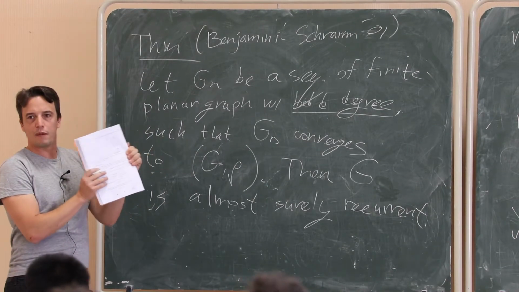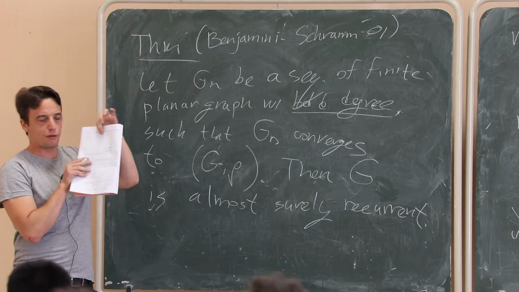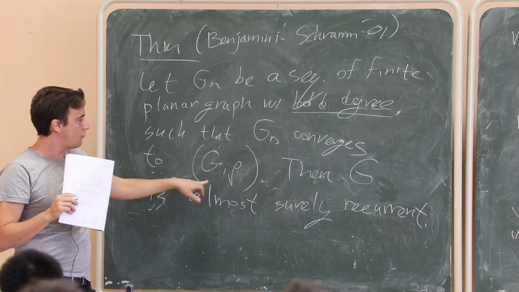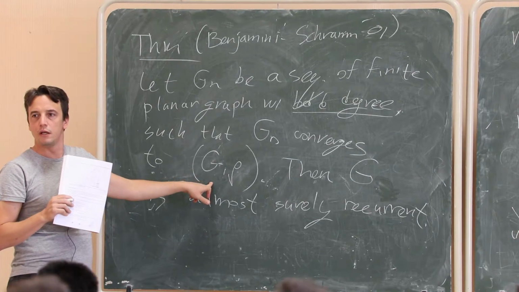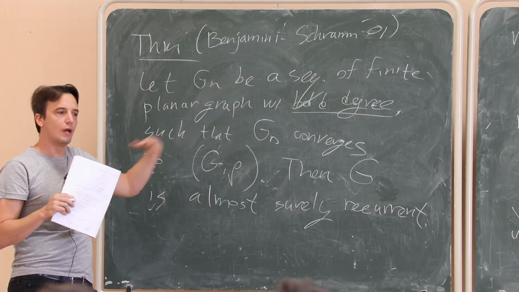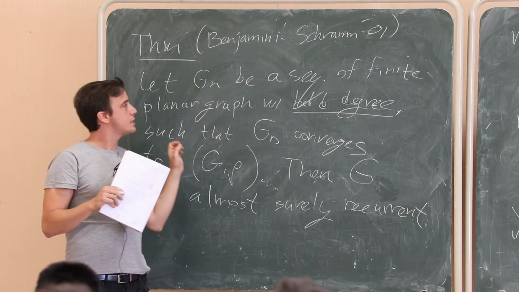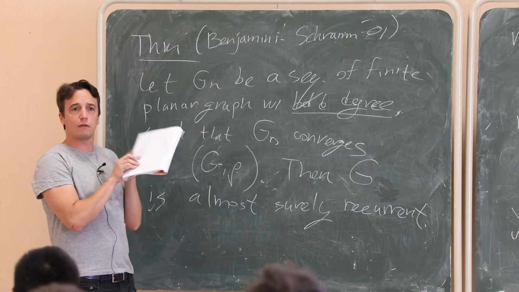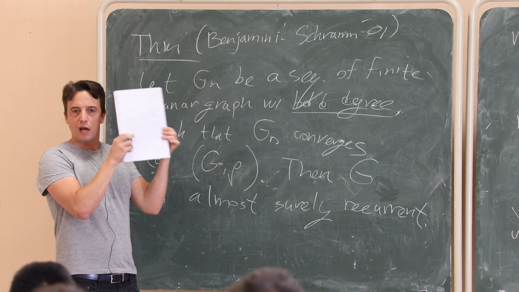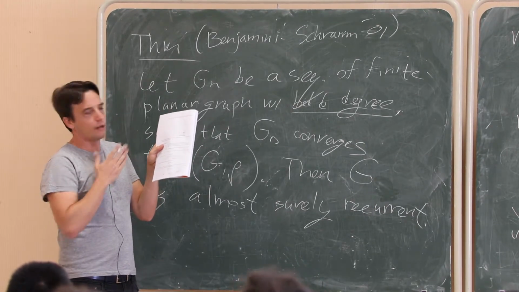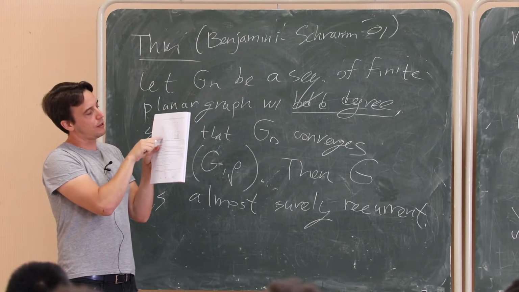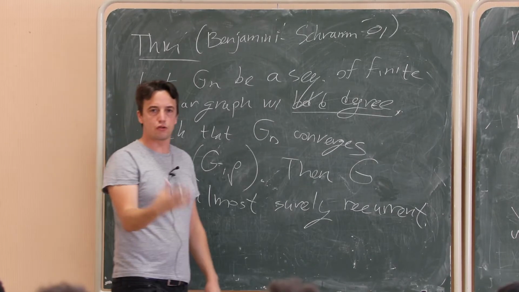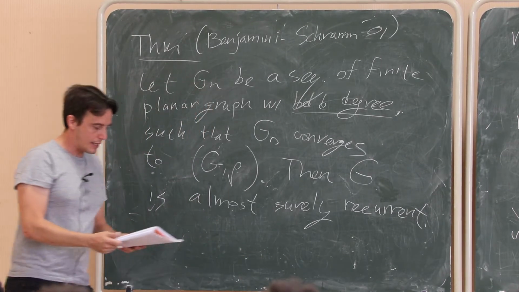The figure at the top of the page is a depiction of the infinite graph that you obtain in the limit, and you have to think about what exactly is the sequence of bounded degree planar maps that gives you this limit. As you can see, this is a transient graph, right? It has one infinite branch in which the conductances are 1, 2, 4, 8, 16, so it has a subgraph that is transient, so the whole graph has to be transient.